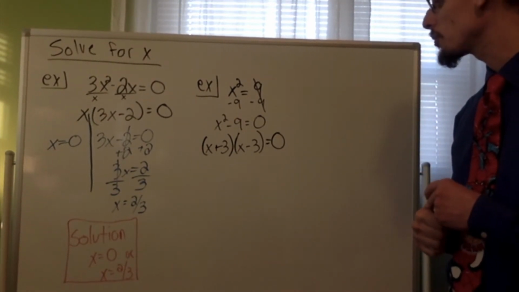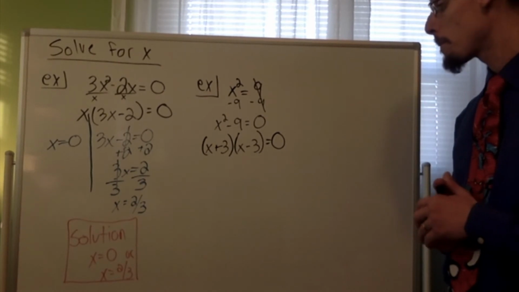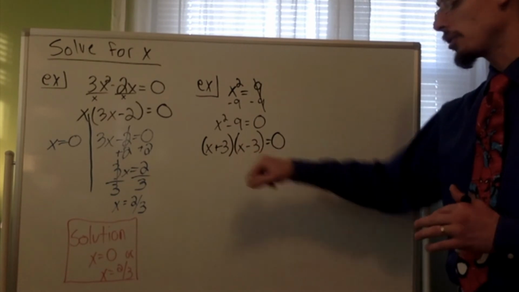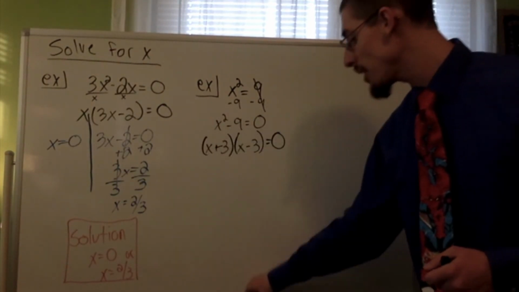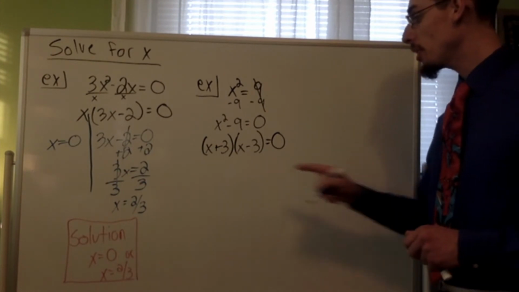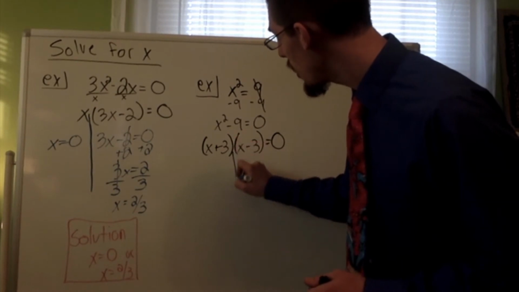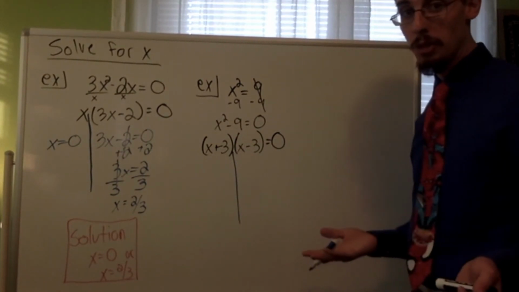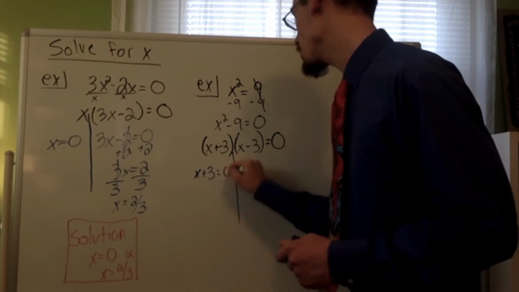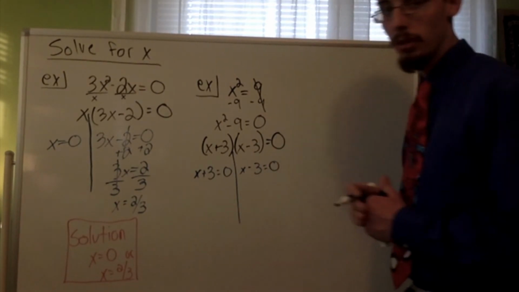So x plus 3 times x minus 3. You see that? So I've factored using the difference of squares. Now I can go into the new stuff. So x plus 3 and x minus 3, those are my two factors, right? If I split it up right here, that's going to give me two equations: x plus 3 equals 0, and x minus 3 equals 0.